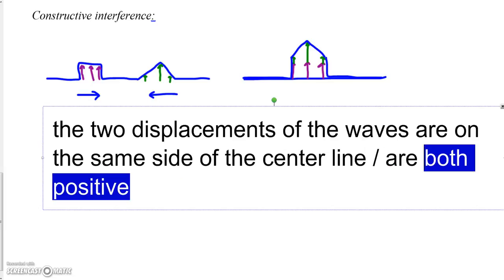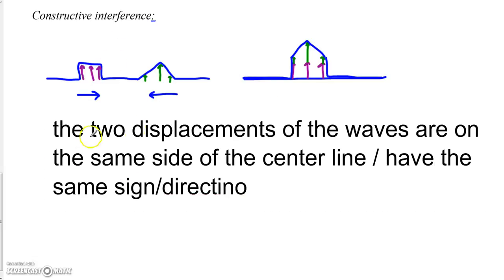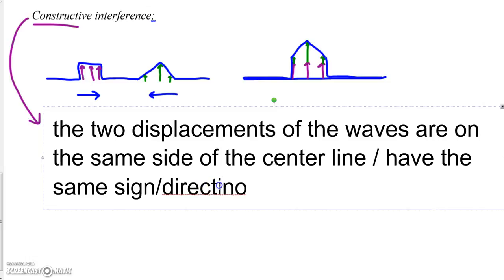Or you could say, have the same sign or direction. That's what defines constructive interference. This is going to be the definition of constructive interference. Whenever the two displacements of the waves are on the same side of the center line, and the waves are interfering.